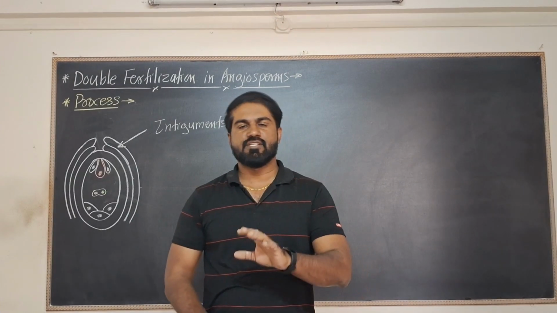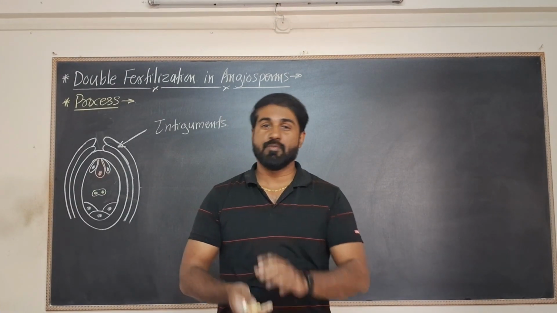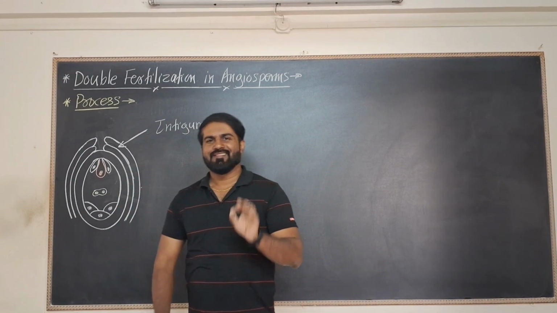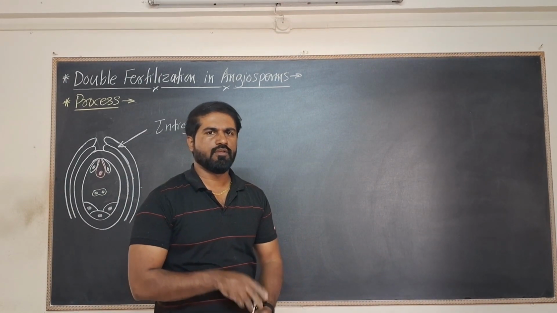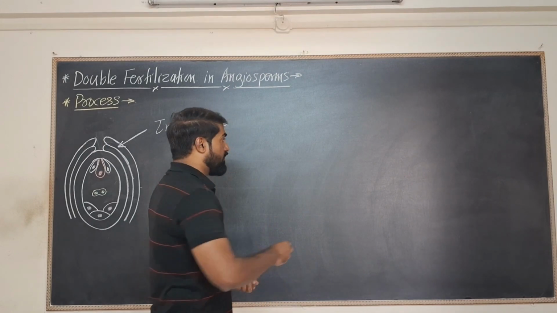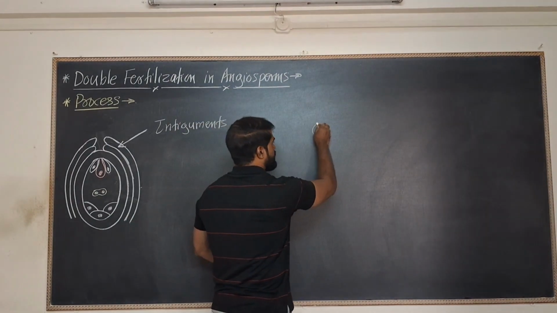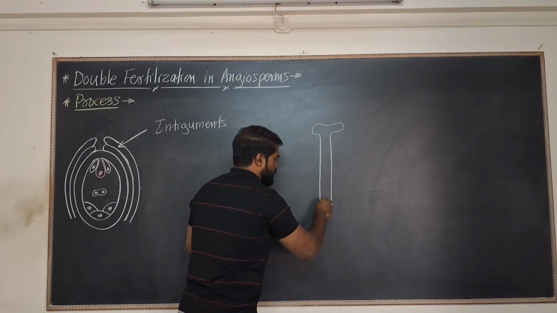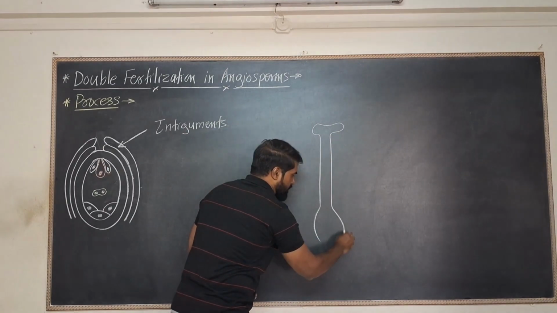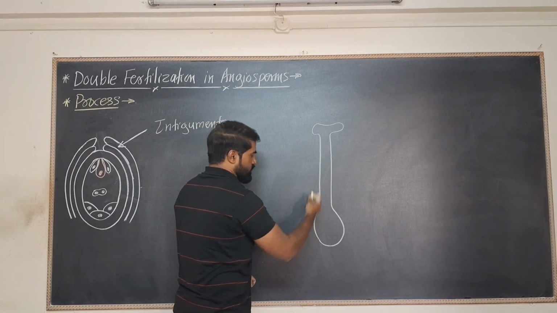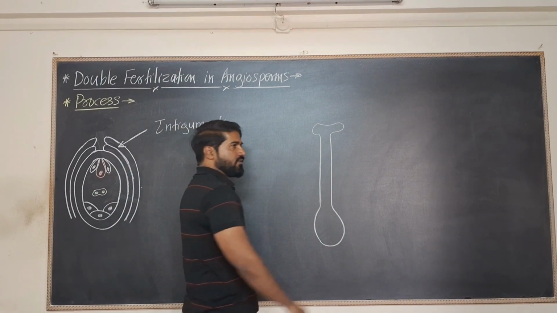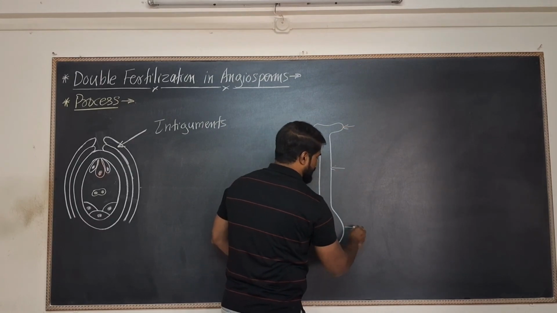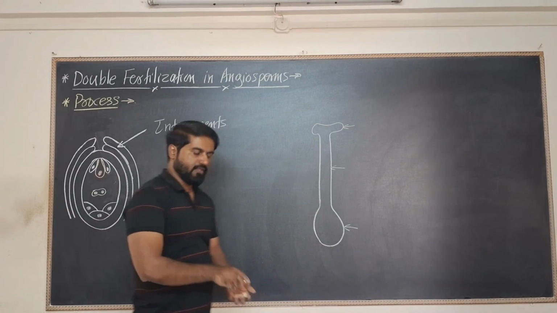Okay, let's discuss the process of double fertilization. Here we have drawn the necessary part of the ovule. We know that after pollination, the pollen grains will reach on the stigma. So it is the carpel, it is the stigma, style, and ovary.